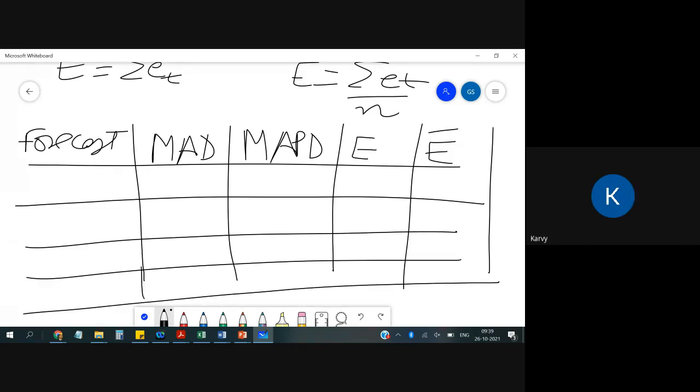Sir, for cumulative error, is it DT minus FT only? Yeah, dt minus ft with algebraic sign.